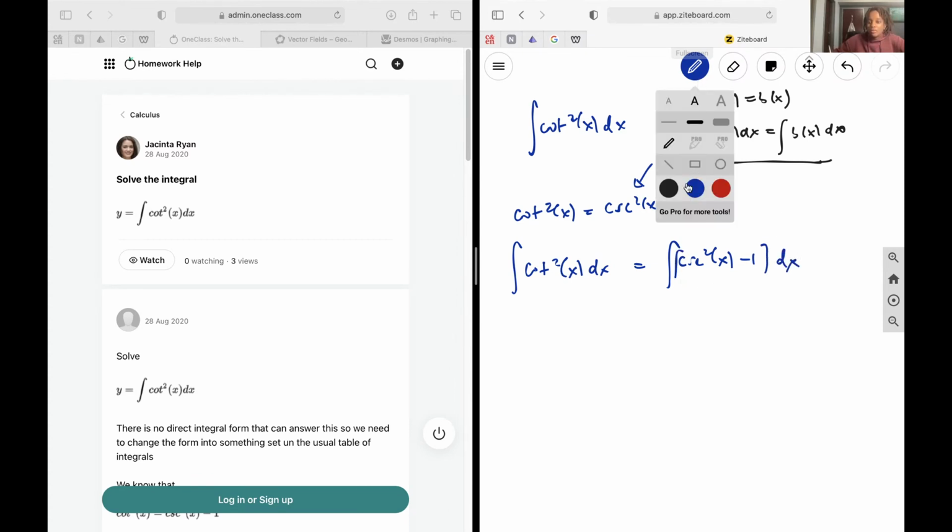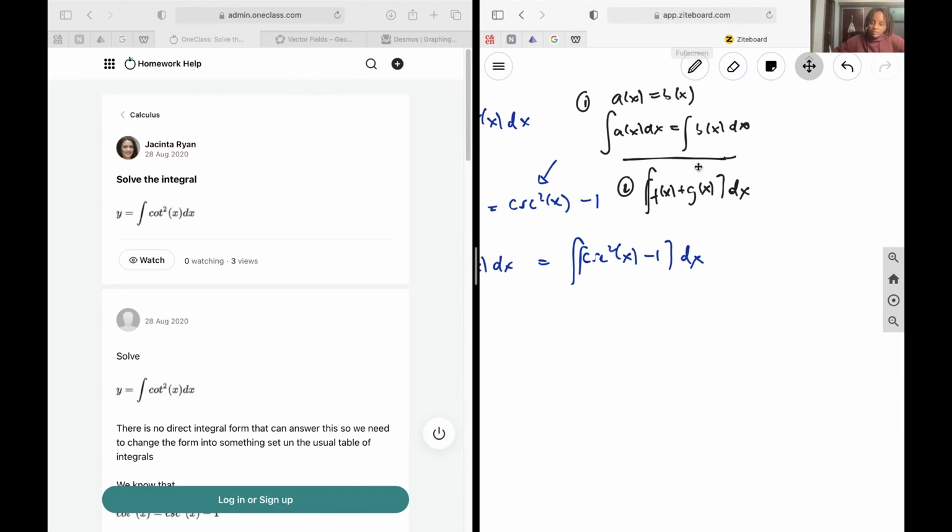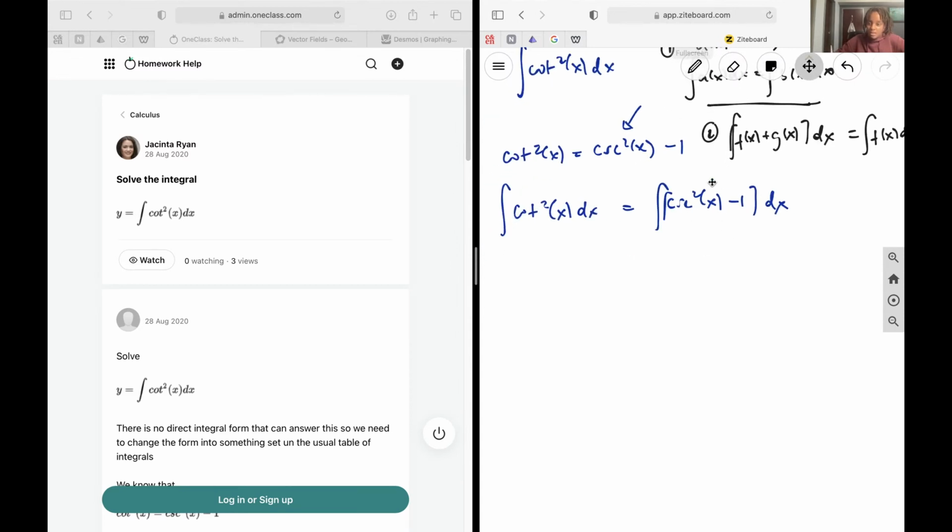And then let's use another integral property that we previously talked about, which states that the integral of f of x plus g of x dx is the same thing as if you took their integrals separately. And so let's apply that to split this up. And this will give us the integral of cosecant squared x dx minus the integral of dx.